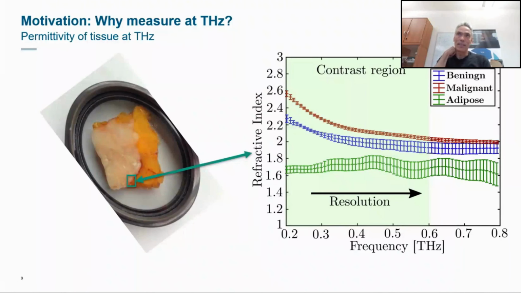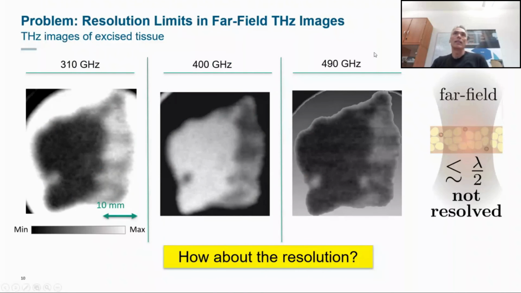So that's why we picked here a sensor that operates at 500 gigahertz as an optimum for resolution and detectability. Now, but if you're still in the far field, you see, and these are some example tissues that we have taken, that far field imaging for sure is not good enough when it comes to resolution.